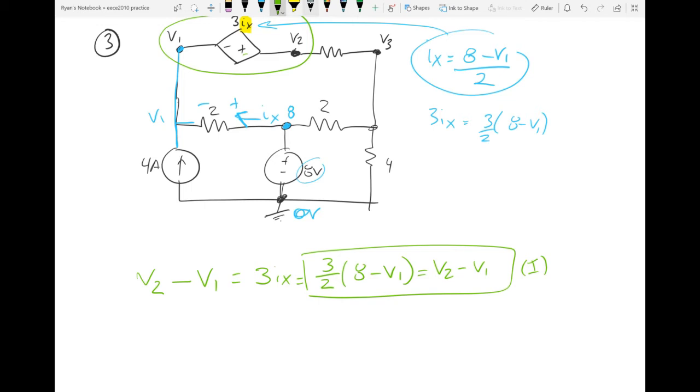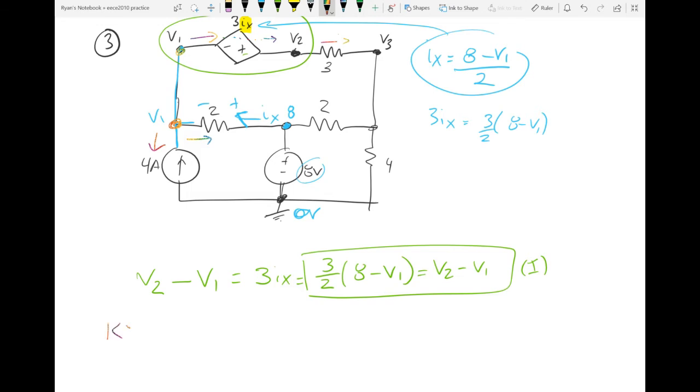Then we have a second equation, which is going to be the supernode equation, which is the actual current equation for this. So if you look, this is all V1 here, right? So I get current going here, I get current going here, and then any current that goes through here turns into this current. And I didn't give that a number, that's a 3 ohm.